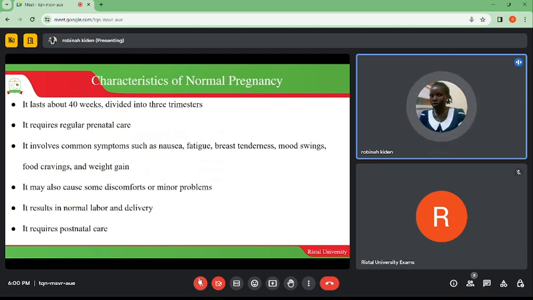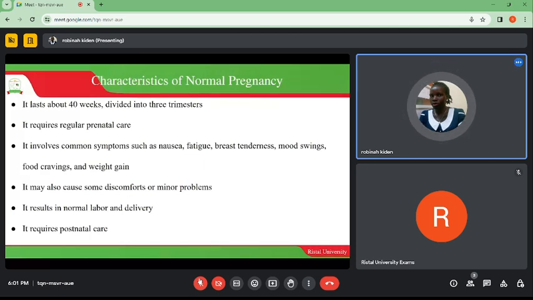A normal pregnancy should last about 40 weeks, divided into three trimesters, as we looked at in the previous recording, where I talked about the first trimester, the second trimester, and the third trimester. Previously we had looked at the changes that happen to the baby in all three trimesters, the development from the zygote, the embryo, until the fetus is ready to be delivered at 37 to 40 weeks.